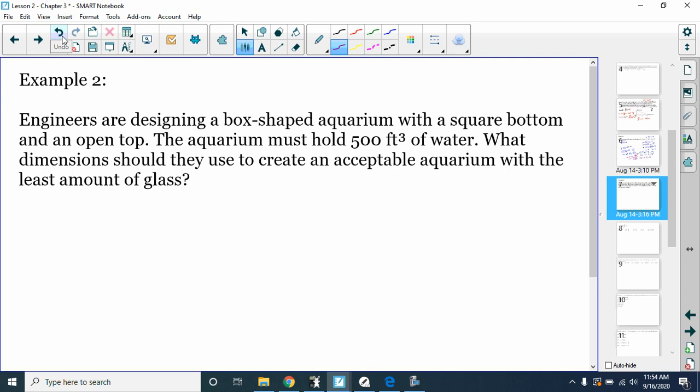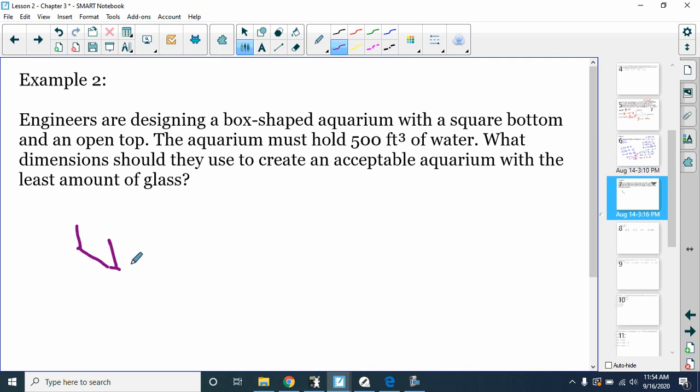Example 2 here. Example 2 is an optimization problem. Optimization: we are trying to find the minimum or maximum of something in terms of a story problem. In this case, it says that we've got a box-shaped aquarium with a square bottom and an open top.